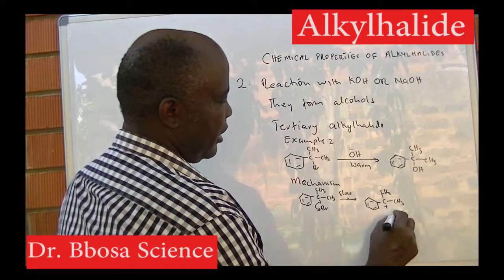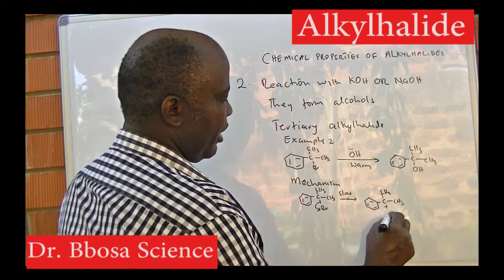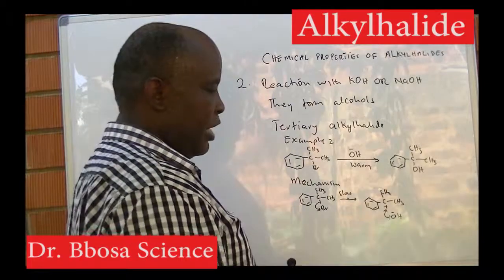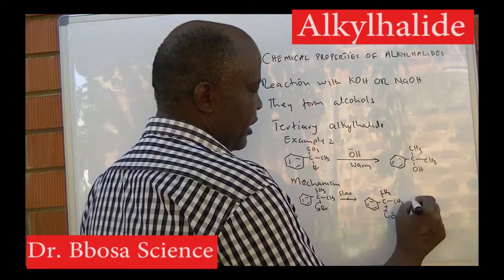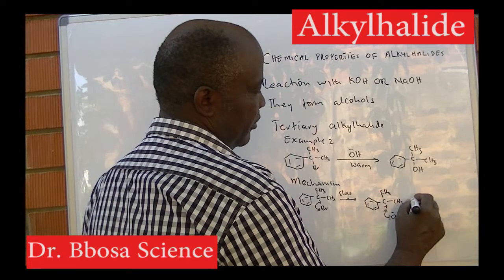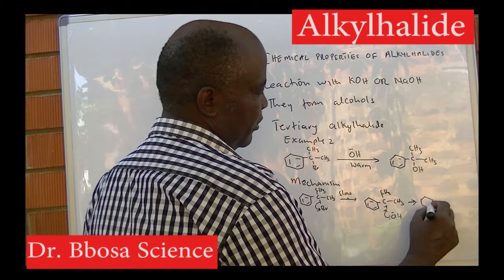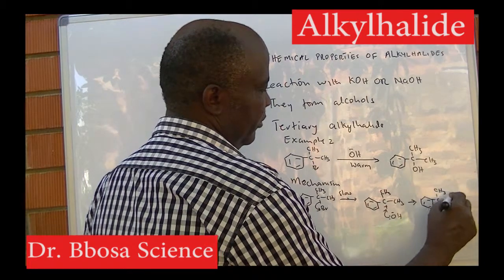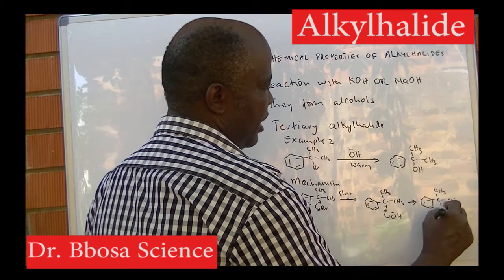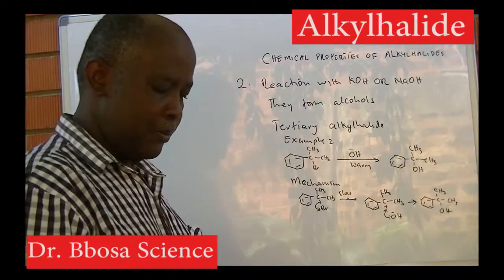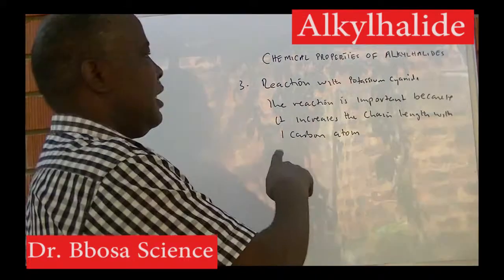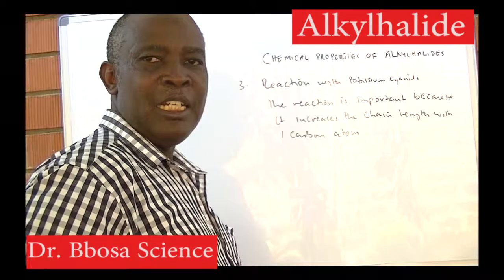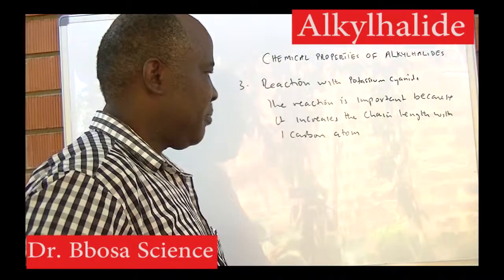Then the OH ion uses a pair of electrons to react with the positive charge, and you get 2-phenylpropan-2-ol. The reaction is important because it increases the chain length by one carbon atom.